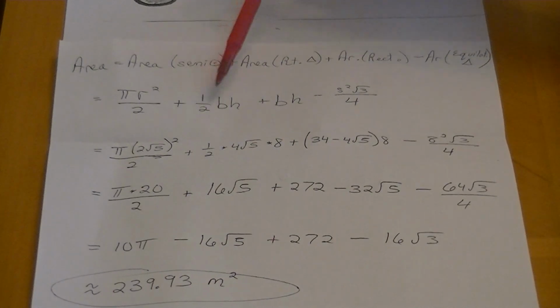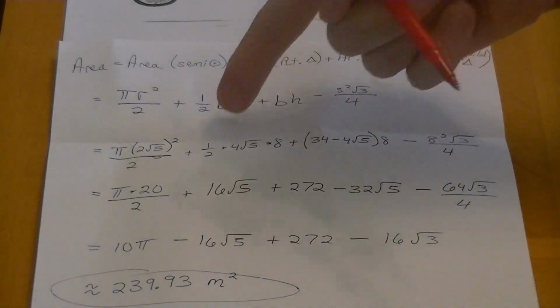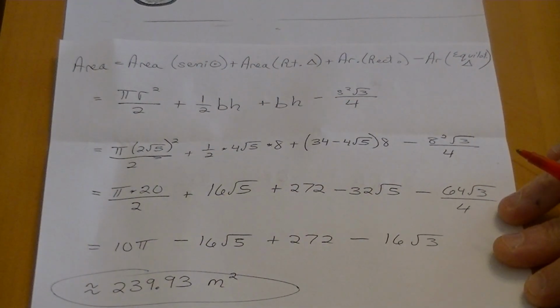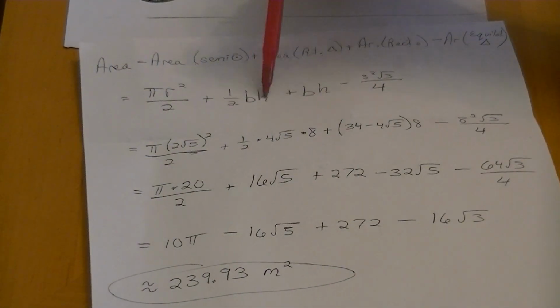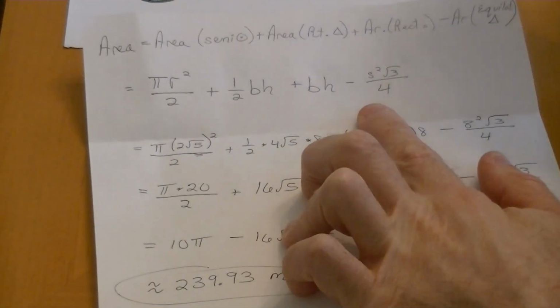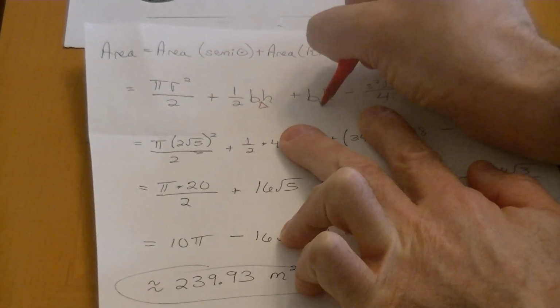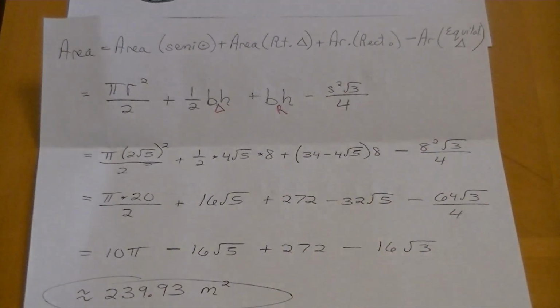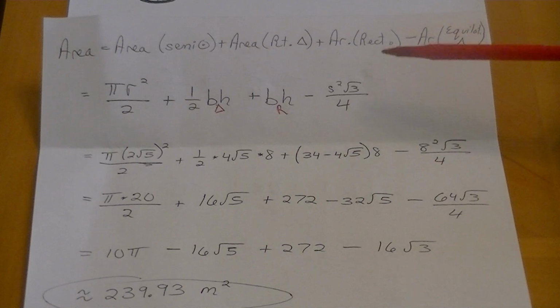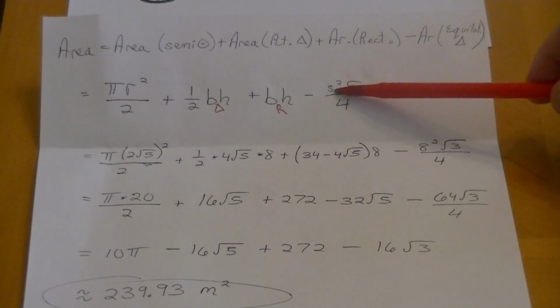Right triangle, half base height. A rectangle, base height. Now again, I'm going to distinguish the heights are the same for the right triangle and the rectangle, but the bases are different. So if I really want to be thorough, I should say this is the base of a triangle, this is the base of a rectangle. Those are different numbers. And then I'm using that 2, 3, 4 formula because it is an equilateral triangle and I do know that side length.